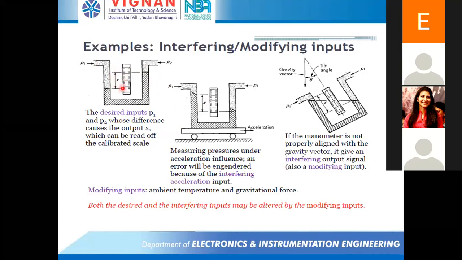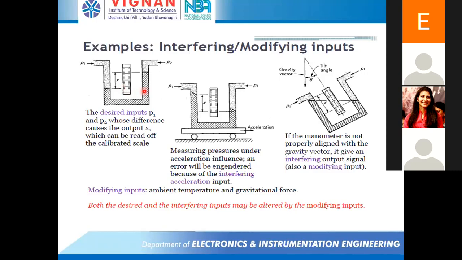But if you are placing this mercury manometer in a hot place, for example, in summer outside, what is the temperature outside? Maybe assume that it will be 38 degrees or 40 degrees. Because of the increase in temperature, the mercury has the property of expanding. As the temperature changes, the mercury will expand.